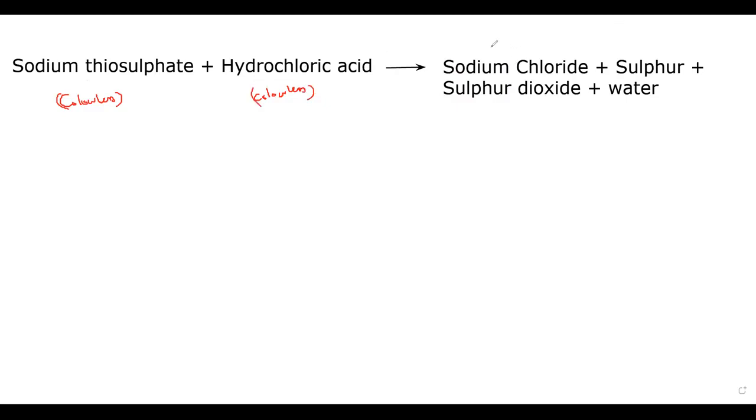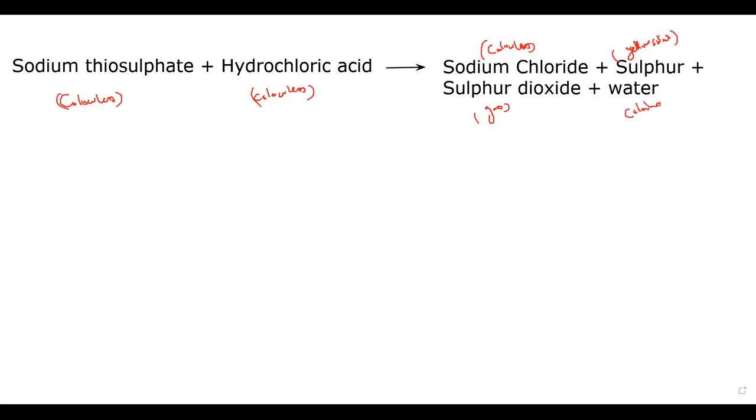Sodium chloride salt solution is also colorless. When sulfur is formed, it will make the solution cloudy. Sulfur is a solid here. It's a yellow solid. Sulfur dioxide is a gas, and water is a colorless liquid.